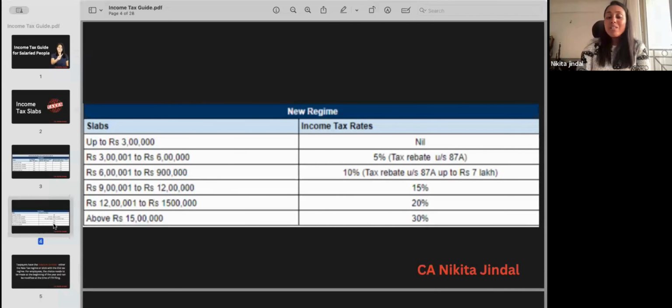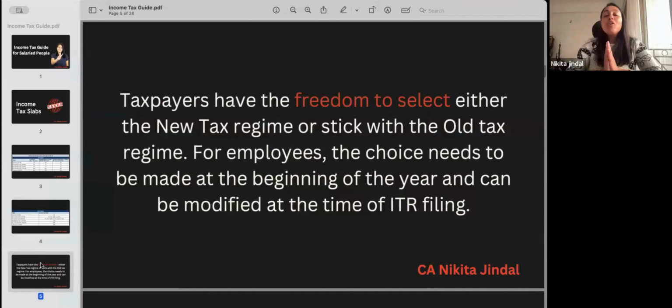We will take all the questions and answers at the end of the session. For the salaried employee, you have a choice to opt for the old tax regime or new tax regime at the start of the financial year. That is the biggest advantage for the salaried employee. You can change your income tax regime every year according to your preferences. So please do consider this. Choose the income tax regime according to what is best for you.